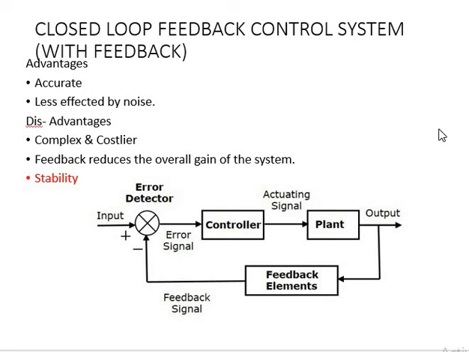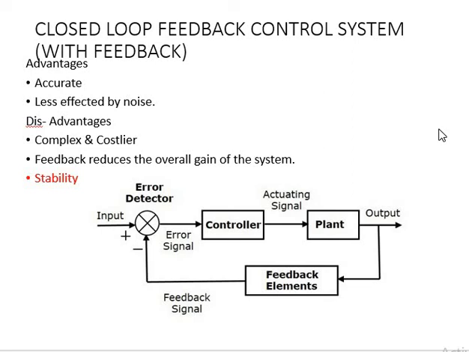Next we will see closed loop control systems. It will give proper feedback, so it is called a closed loop control system. How it works, I will tell you; by seeing this figure we can understand.